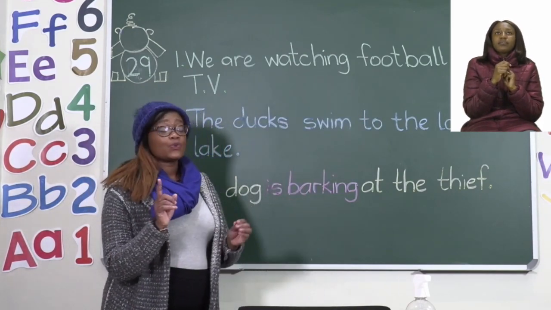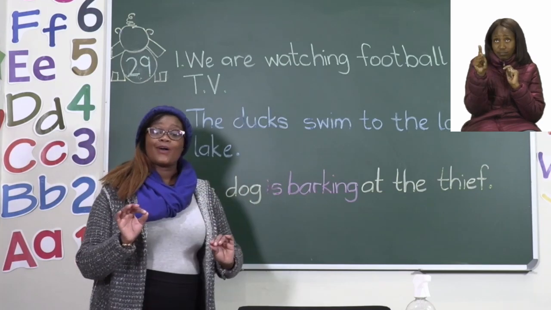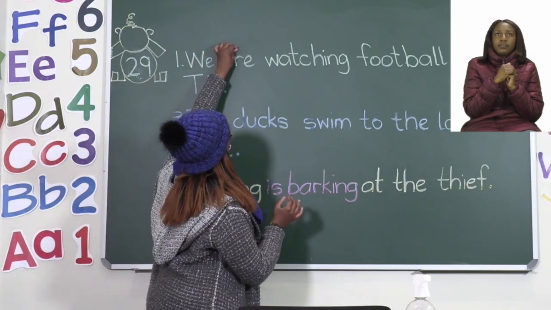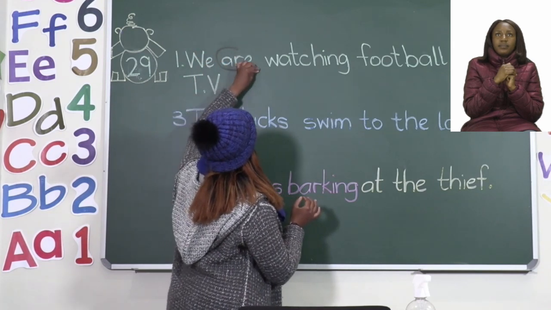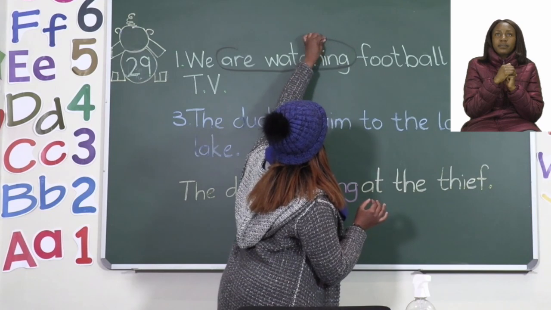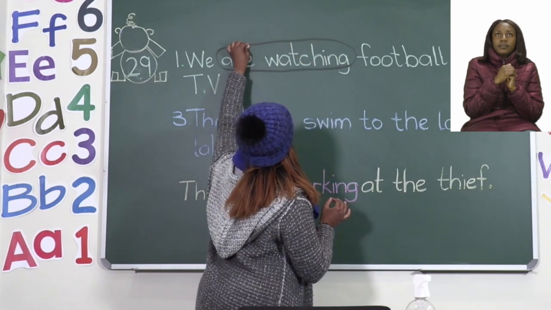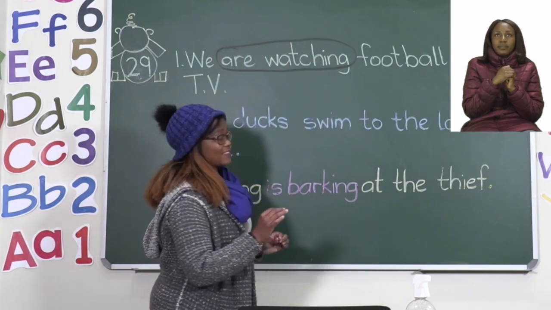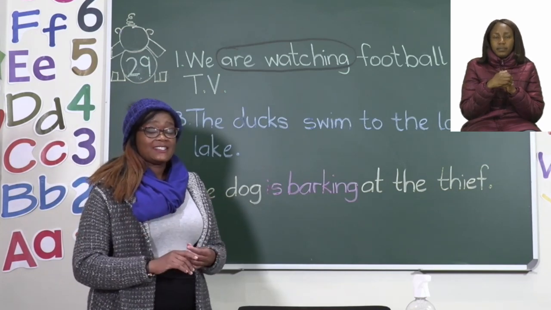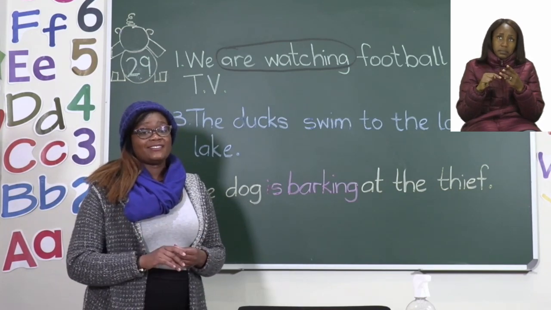So we're going to circle the word are along with the word watching, because that is the action. Now when you circle, boys and girls, make sure you circle very neatly, and once you are done circling, check if you have done the right thing. So for the next 3 sentences, you need to do that.